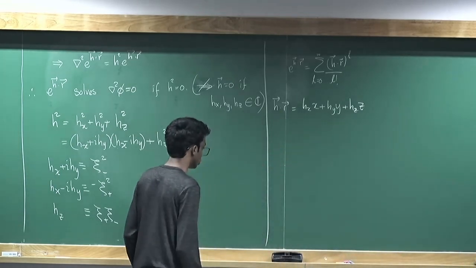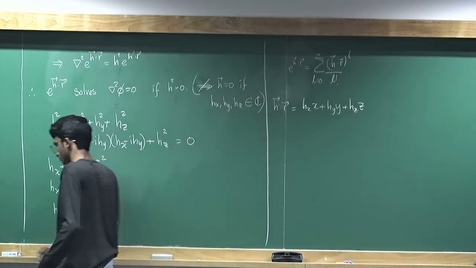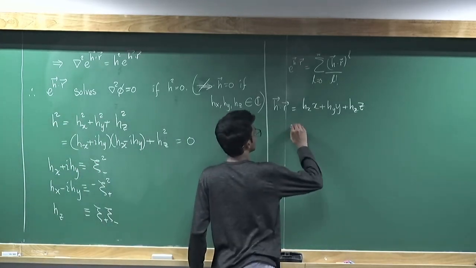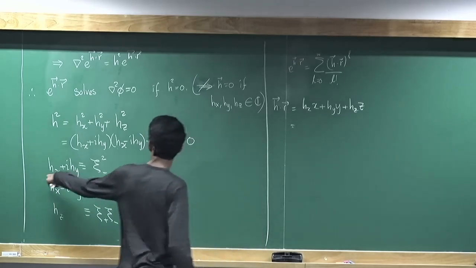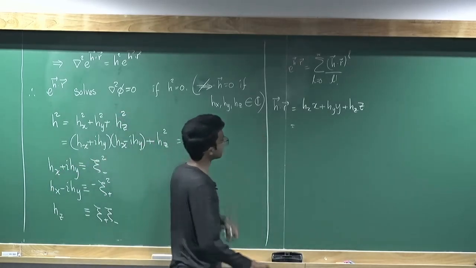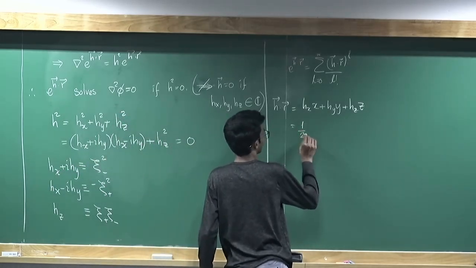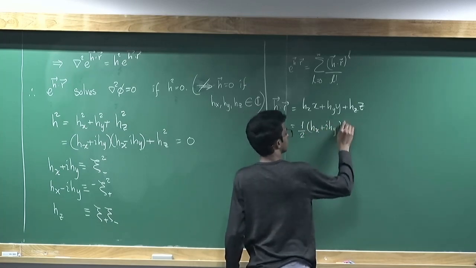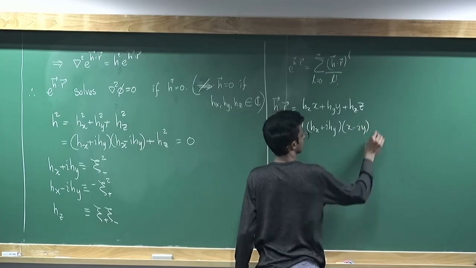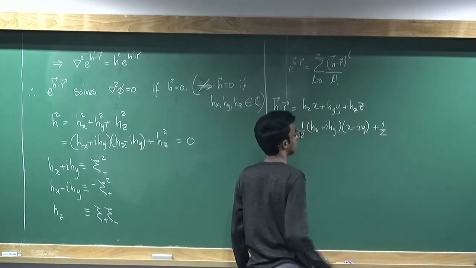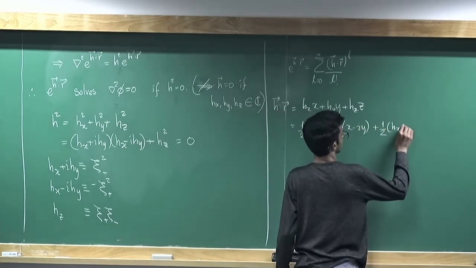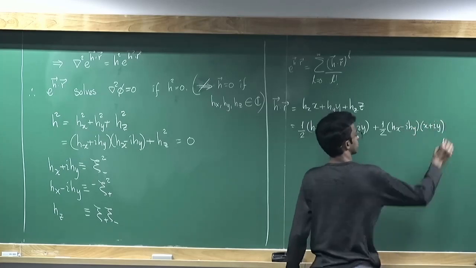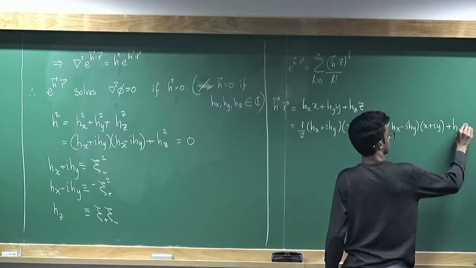And then we can do this. Since hx plus i hy is xi minus squared, I want to write it like that. This will be half hx plus i hy times x minus i y, plus half hx minus i hy times x plus i y, plus hz times z.